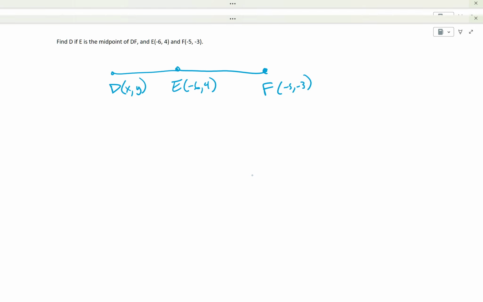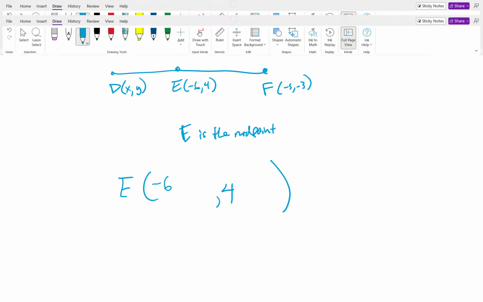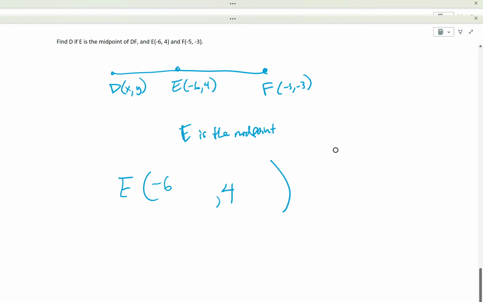All right. So if E is the midpoint, then what I know is that E is going to be, and I'm going to leave myself some room here, negative 6 comma positive 4. Now, guys, take a look at this thing. This is kind of written in a funky way.